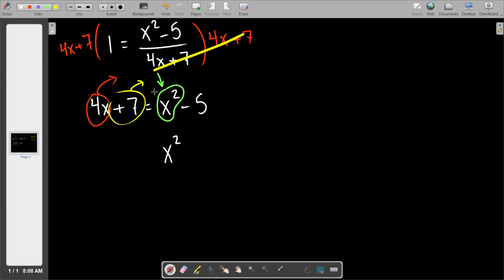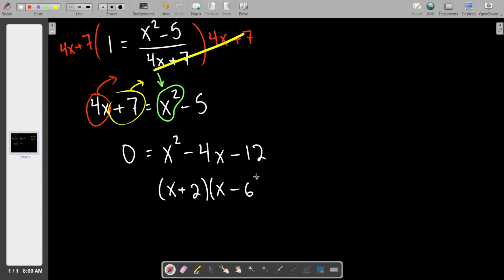We want all of our like terms to go the way of the x squared. So we're left with x squared minus 4x minus 12. And as advertised, there's another factorable quadratic equation. Yep, and the shells are going to be x plus 2 and x minus 6.